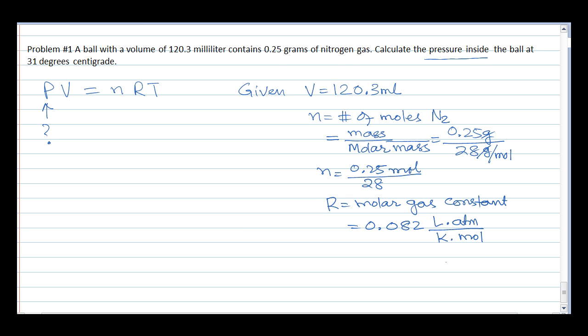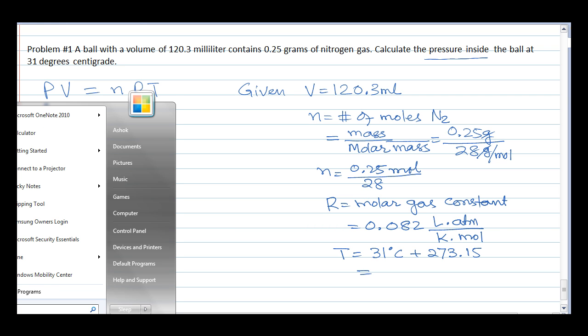And the temperature is 31 degrees centigrade, T. Now that needs to be converted into Kelvin. So the relationship is 31 degrees centigrade plus 273.15, and when we sum it up, let me see, using a calculator.